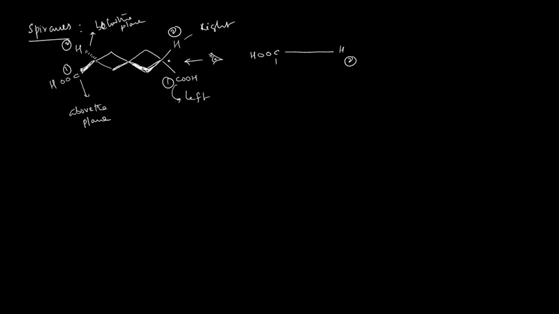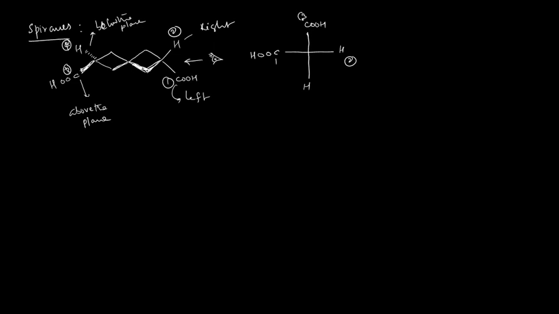These two are now far groups. Far groups are written in Fischer projection formula in vertical axis, which is above, COOH above the plane, which is below, hydrogen is below. In between these two, here it is 3, here it is 4, right? Okay.